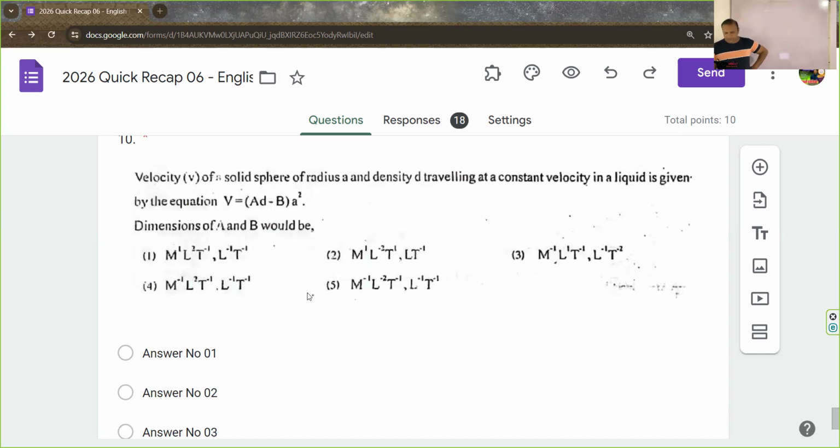Velocity v of a solid of a radius a and density d traveling at a constant velocity in a liquid is given by the equation v is equal to ad minus b a square. Dimension of a and b would be. Okay. Right.